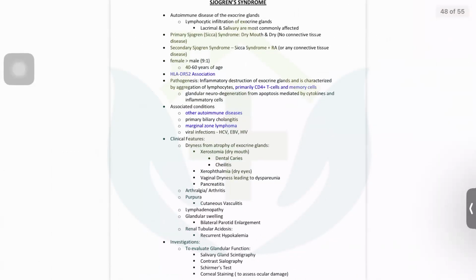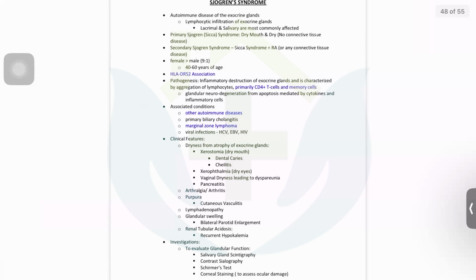Any other question? Yes, sir. Please repeat erosive and non-erosive. You want the difference between erosive and non-erosive? It is a radiological finding.